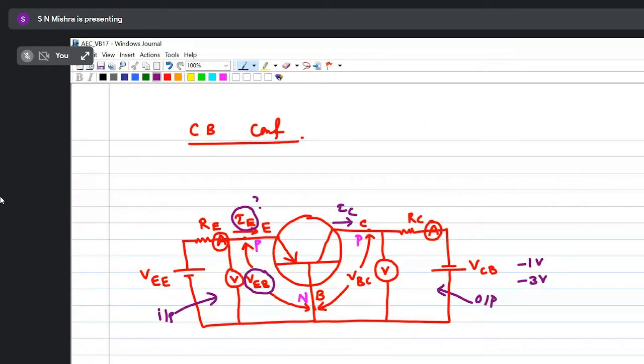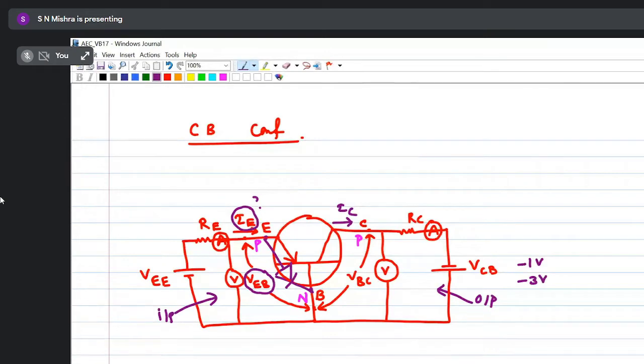So let us understand first. If you look at here, emitter and base, this is like a PN junction or not? Emitter is P type and base is N type. This is like a diode connection. Yes or no? Yes, sir. Now, in a diode, if you increase the voltage, the current increases exponentially, right?